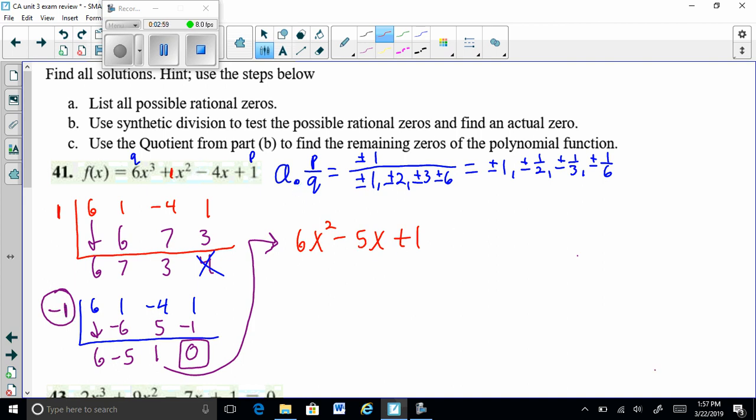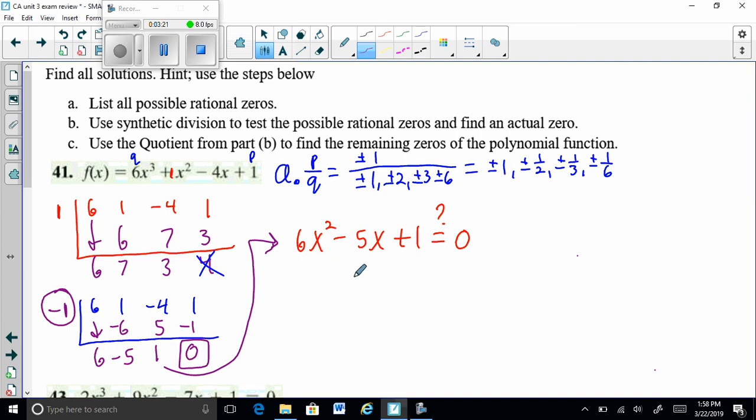But anyways, I'm just going to leave it like this. We're trying to figure out what makes this polynomial equal 0. That's the whole question, basically. So now we're at a point where we can factor. And if you really want to, you could do the quadratic formula, but this should be factorable.